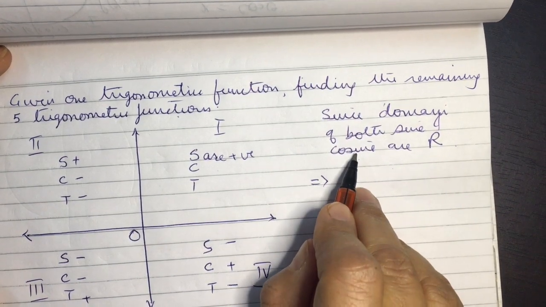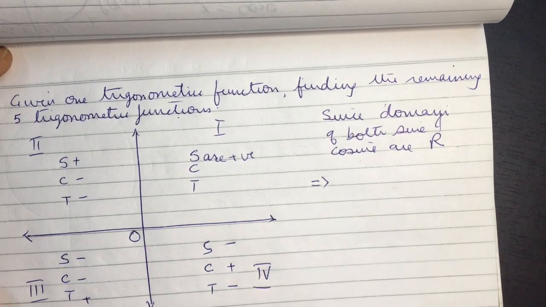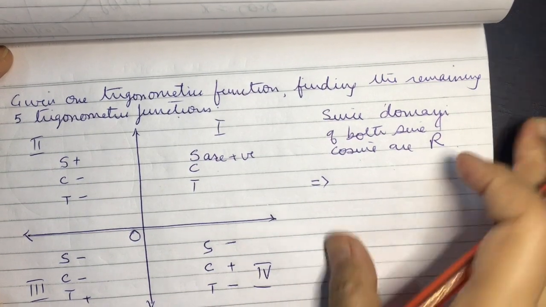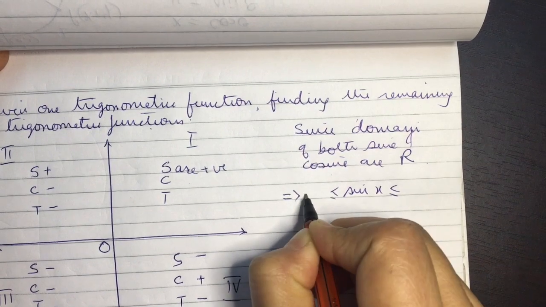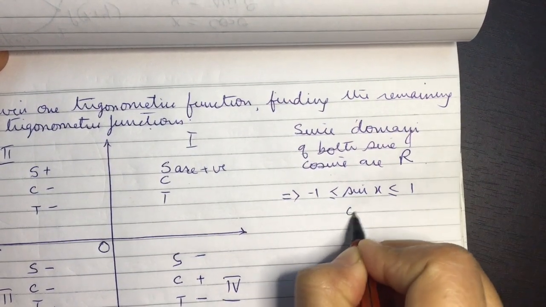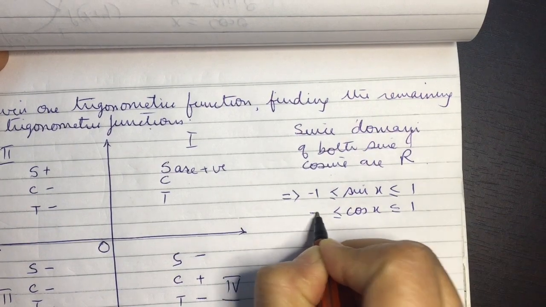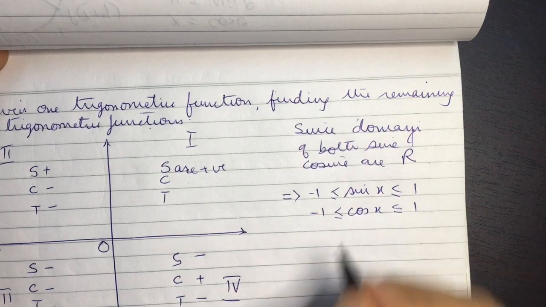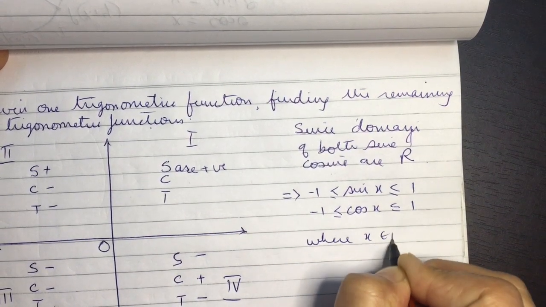From now onwards, we will be using x for the angle rather than theta. What we had seen was sin x always lies between -1 and +1, and cos x always lies between 1 and -1, where x belongs to real numbers.